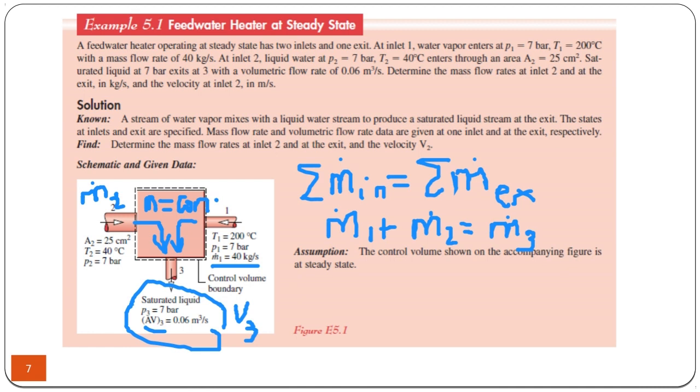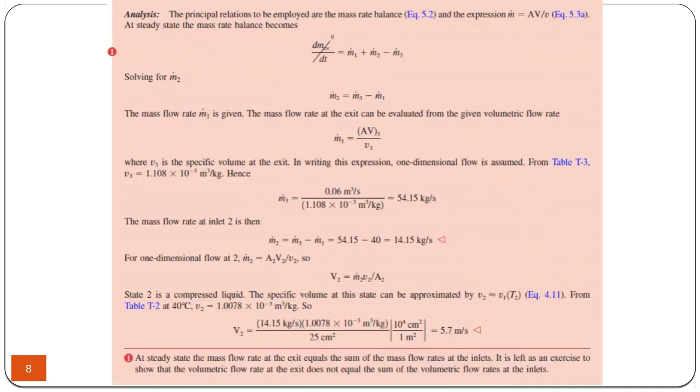Now we would like to find out the mass flow rate at the inlet 2 and the velocity at the exit 3. So we start with the mass flow rate equation. It's steady state, so there is no change within the control volume. It's 0. We have m dot 1 inlet plus m dot 2 another inlet minus m dot 3 exit.